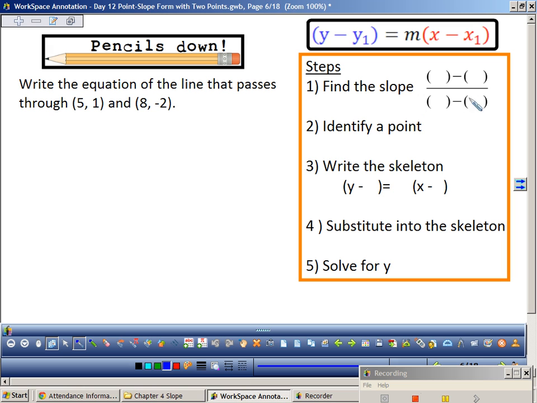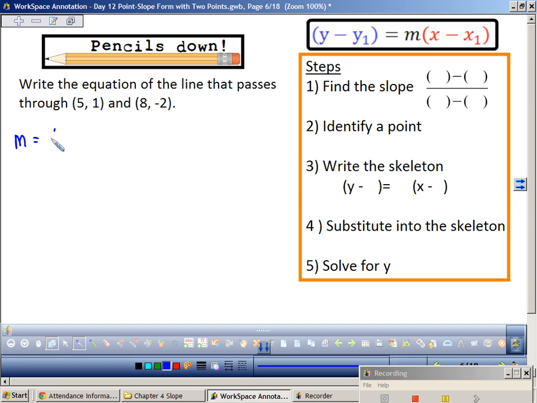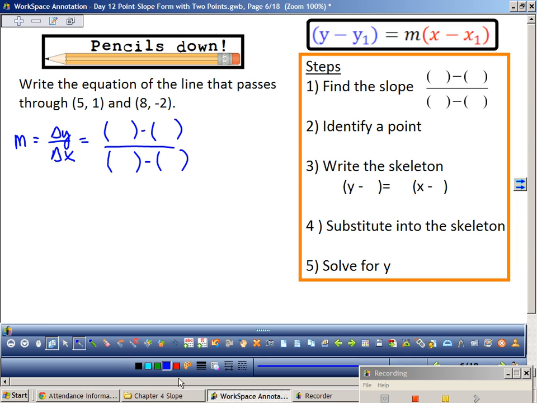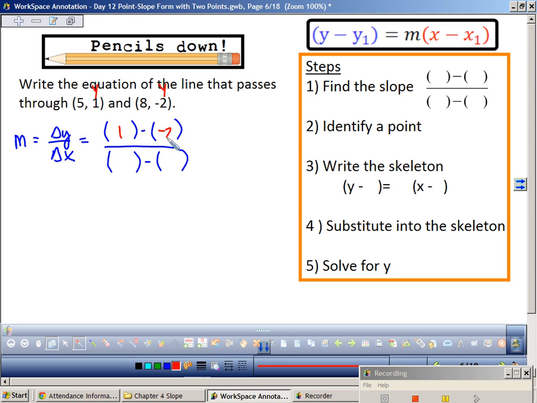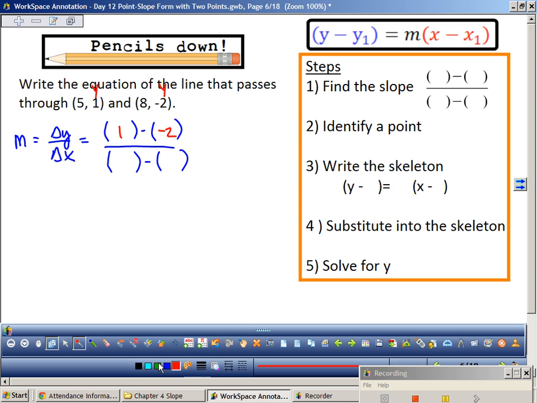So let's go over our steps. I need to find my slope. My slope is my change in y over my change in x. Here is my slope skeleton. Which one do you guys want to start with? This one or this one? 5, 1. So I'm going to put in 1 and negative 2. Does it matter which one I start with?